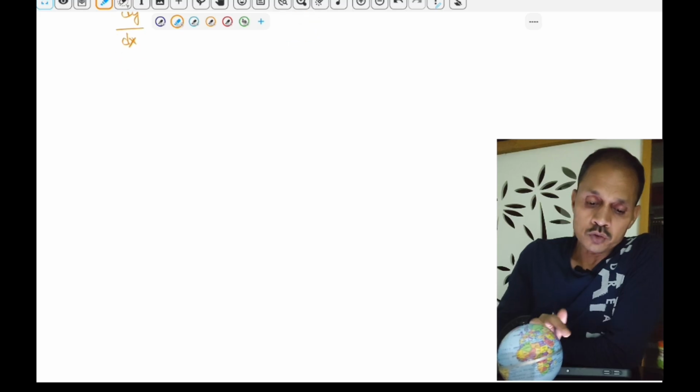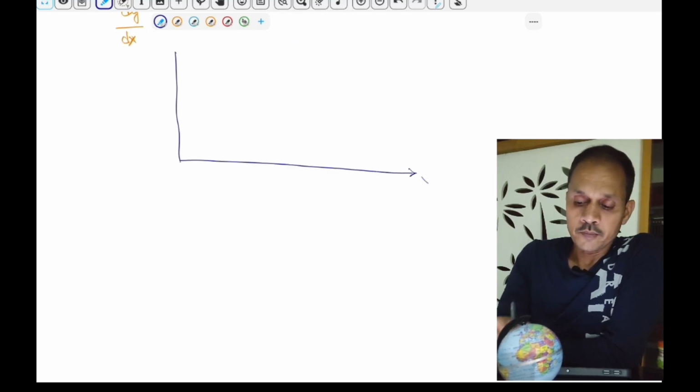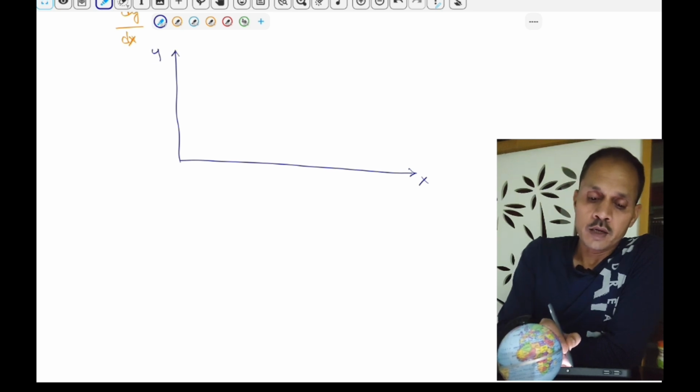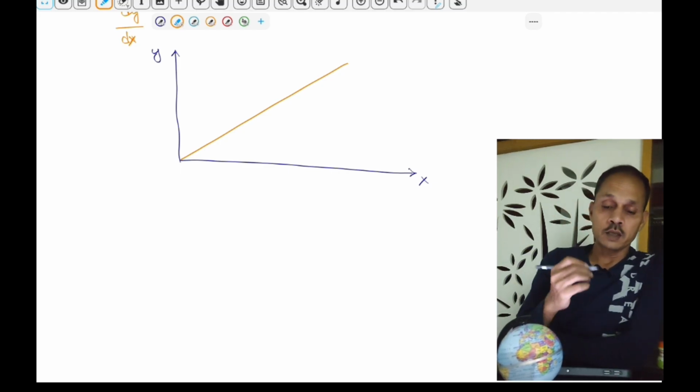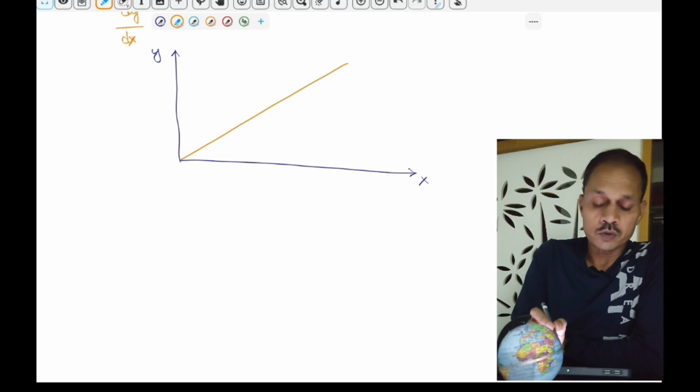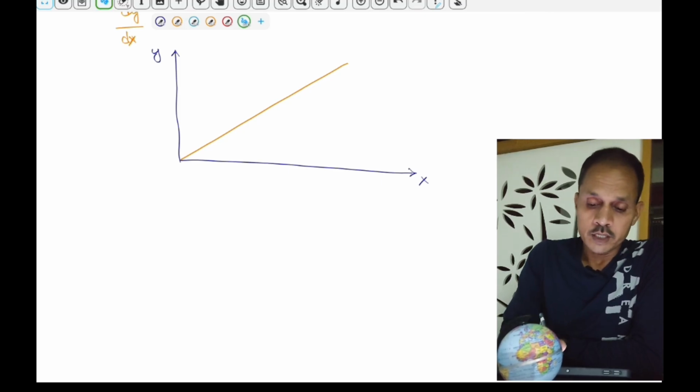Let us say we drew a graph between x and y, and assume that the graph comes something like this. If I want the slope of the graph, what do we do? We take 2 points, let us say A and B, like this.